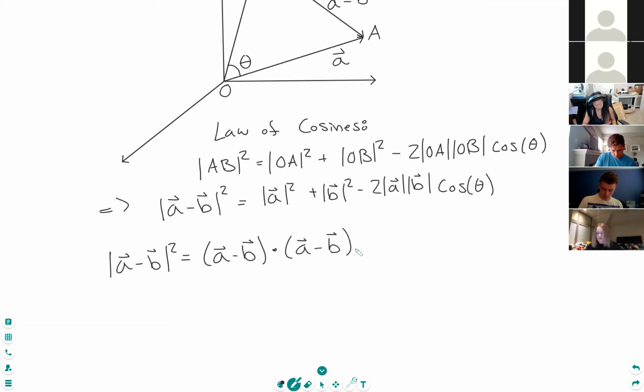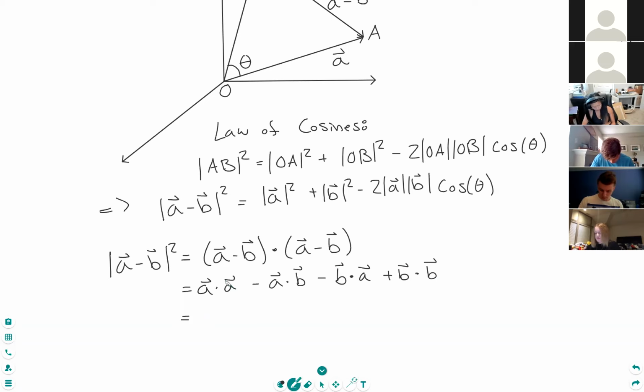Let's use some other product rule properties. It's almost just like foiling here. We have A dotted with A minus A dotted with B minus B dotted with A plus B dotted with B.